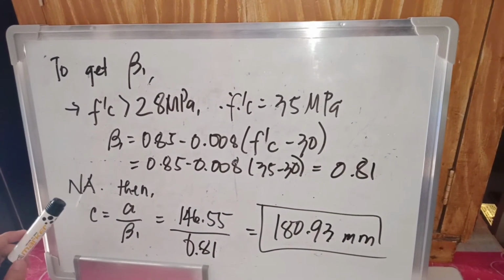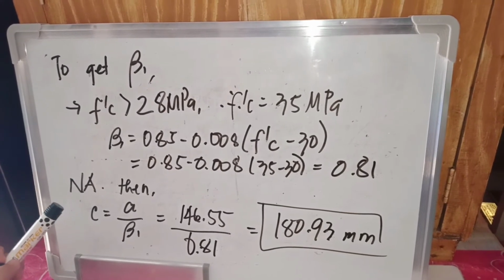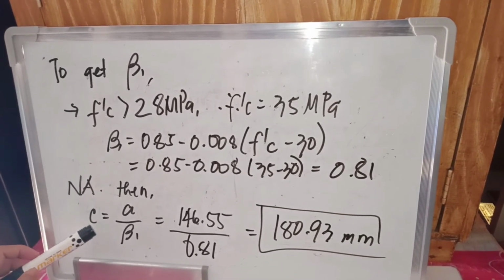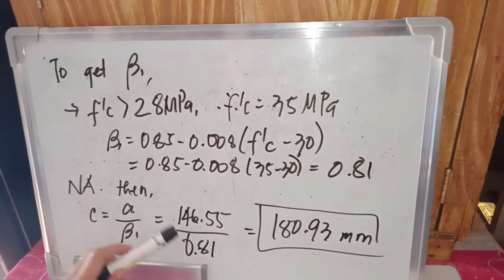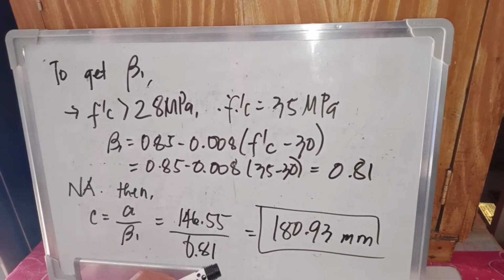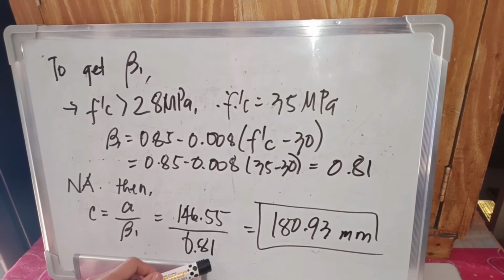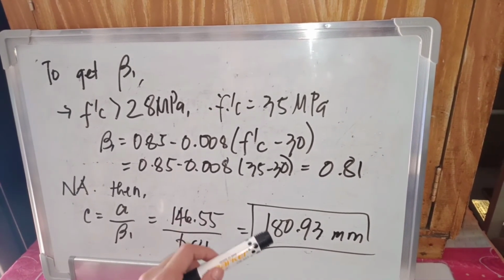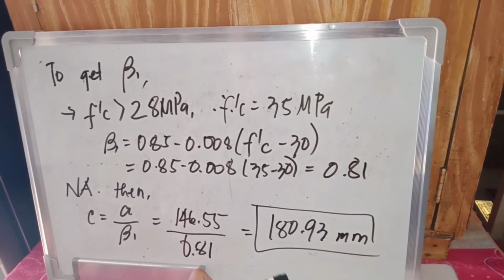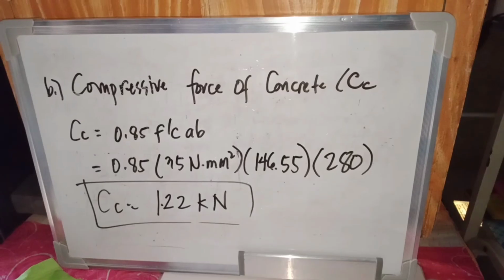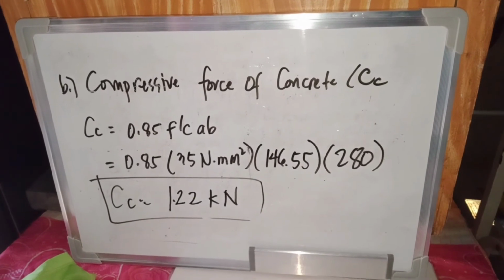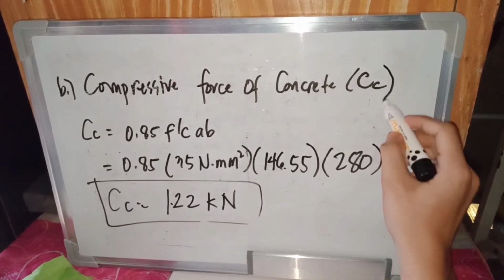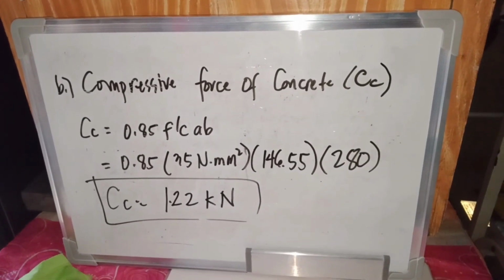So we can say that the neutral axis, c, is equal to a divided by beta 1, which is 146.55 divided by 0.81. We can get a value of 180.93 mm.